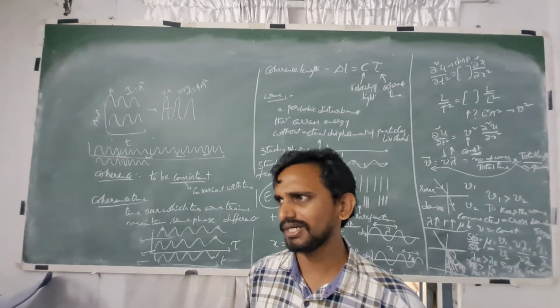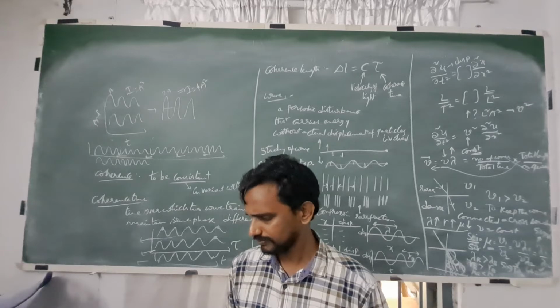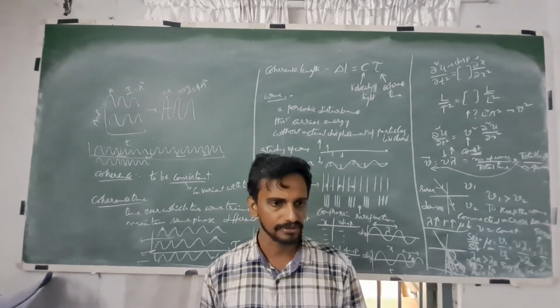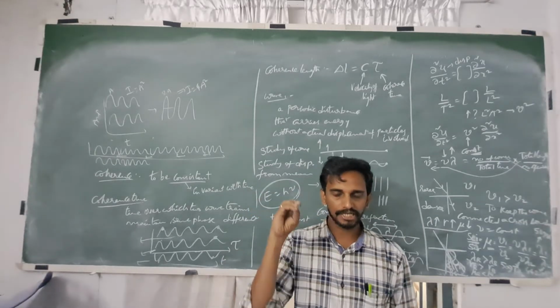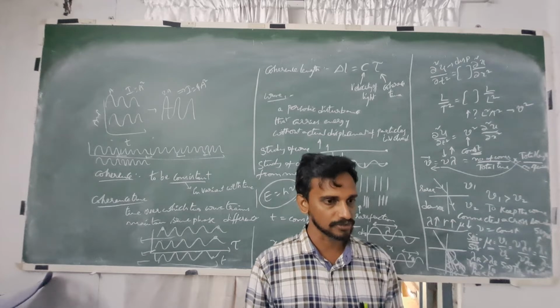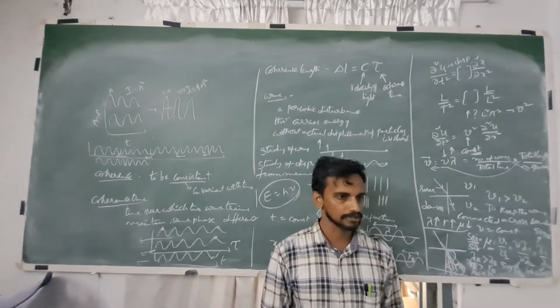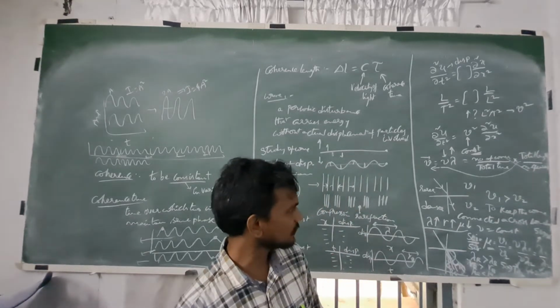Actually, that is in the Concepts of Physics book by H.C. Verma. The problem given there was for sodium yellow. Sodium yellow light is traveling into water. What happens to its wavelength? It turns out to be around 4400.